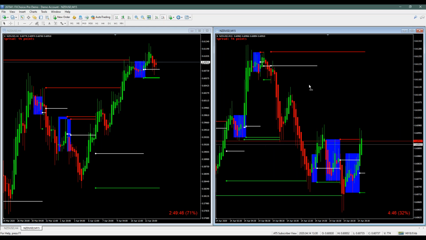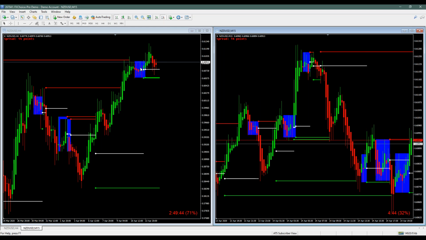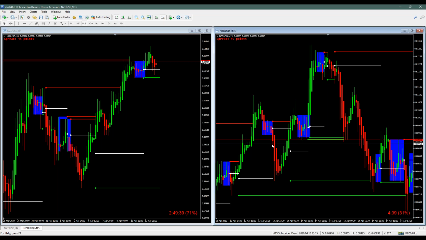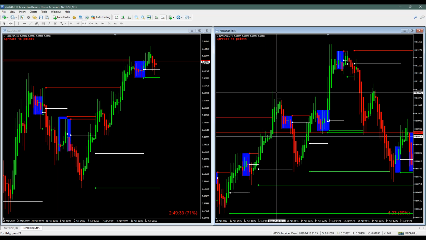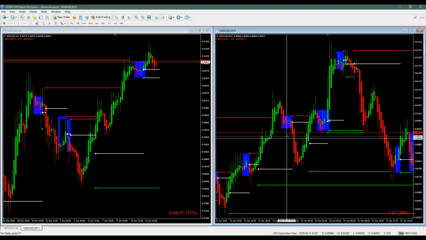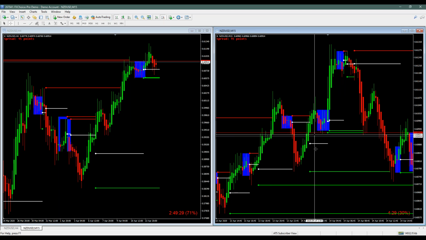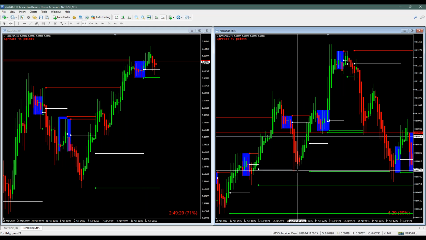As far as actual entries go, you would have wanted to stay long through this. We broke long through here in this little session since we broke out of the 4 hour box. This would have been a good entry right here.